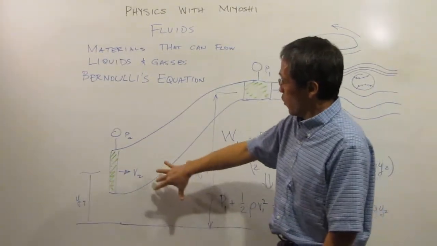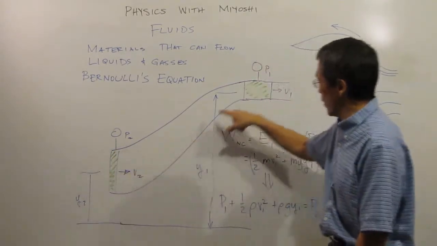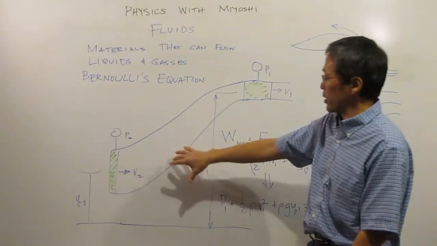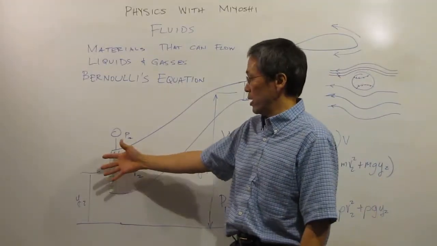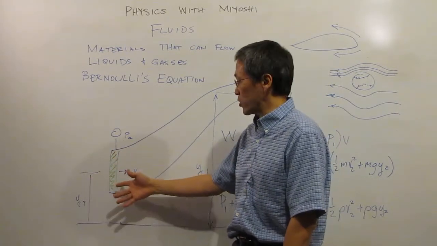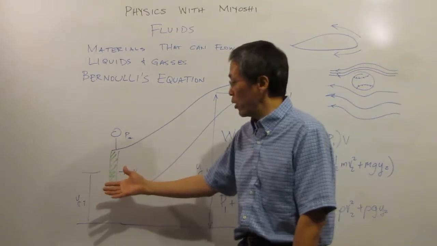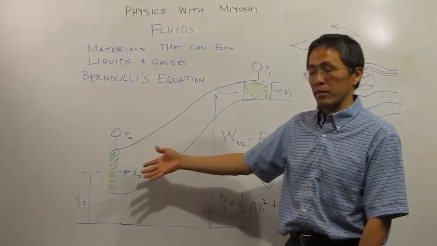When I have a volume of fluid and I want to raise it, we're going to talk about an ideal fluid, which, if you remember from last time, is non-viscous, and also has a steady flow. It's incompressible.